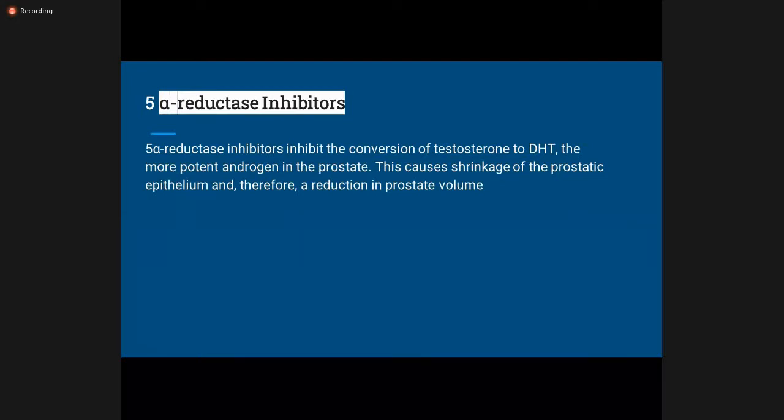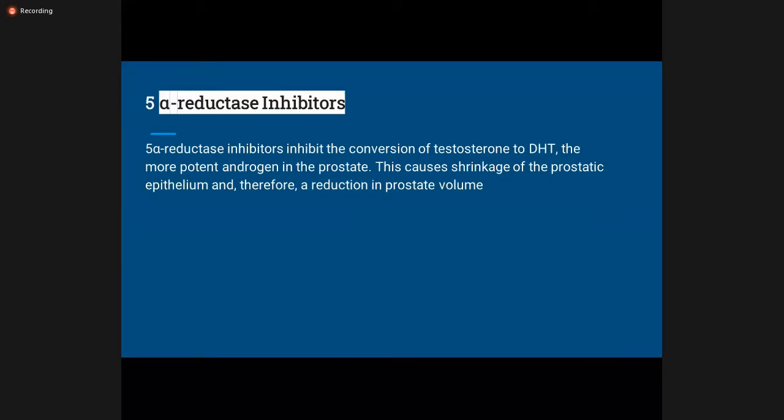Why 5-alpha reductase inhibitors? 5-alpha reductase inhibitors are very important in this sense that they reduce the size of the prostate. The alpha adrenergic blockers we have discussed just now, they just improve the flow of the urine. They do not reduce the size of the prostate.